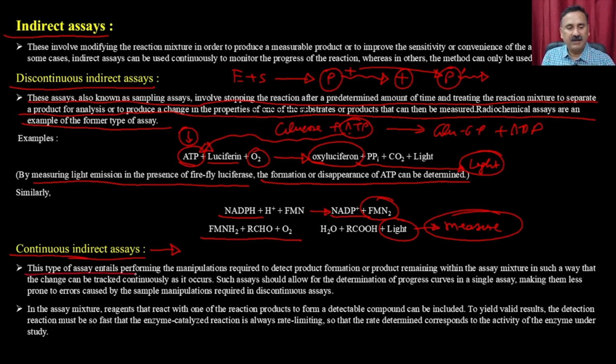This type of assay entails the manipulations required to detect product formation or product remaining within the assay mixture in such a way that the change can be tracked continuously as it occurs.